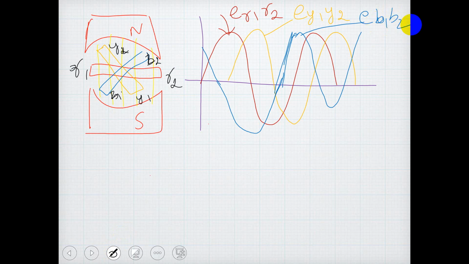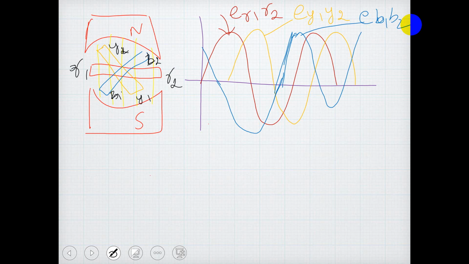So we have three phases R, Y, B. So the three conductors are rotated in a magnetic field. So when you rotate these conductors, when they cut the magnetic field, the EMF induced, we call ER1 R2 in case of one of the phases, let me say red, and EY1 Y2 is the EMF induced in another conductor, Y1, Y2, and EB1 B2 is the EMF induced in another conductor, that is B1, B2. So these are the three EMFs induced.